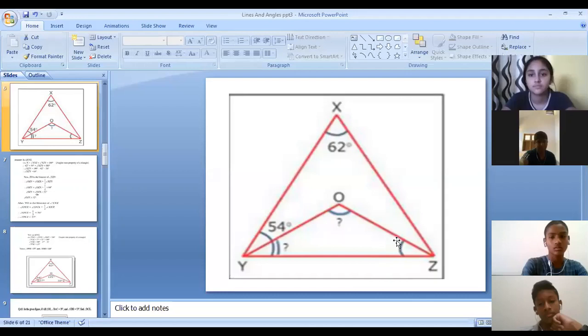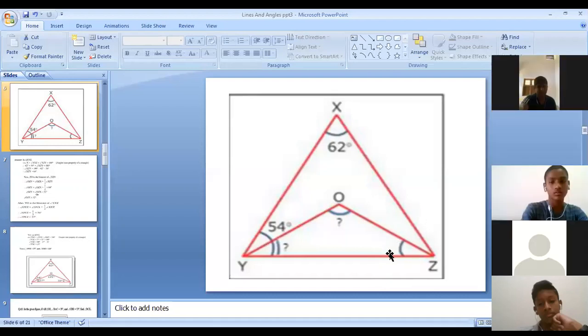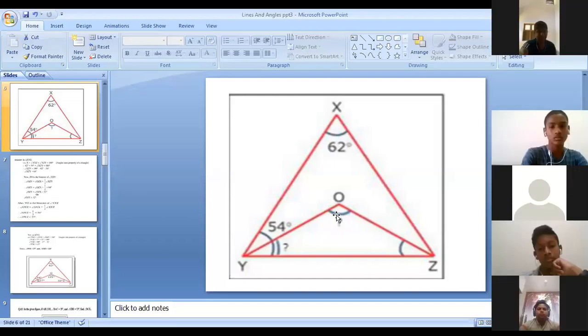Are you getting it? Yes, ma'am. Okay. Here this angle OZY is 32 degrees. Now how to find angle at O? Using the angle sum property. Which triangle do we need to consider? The smaller triangle.